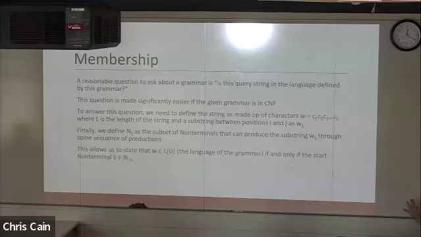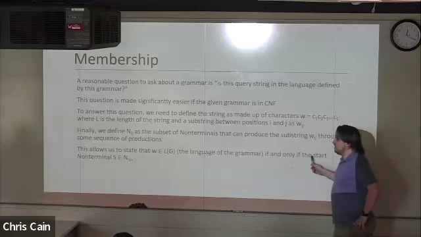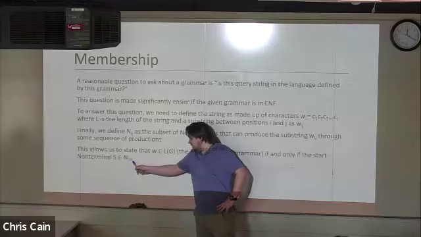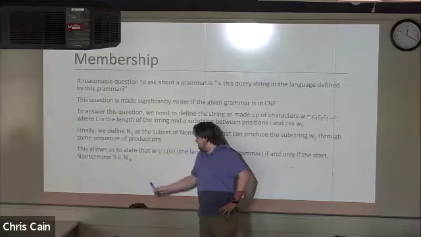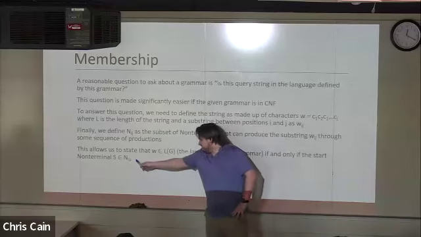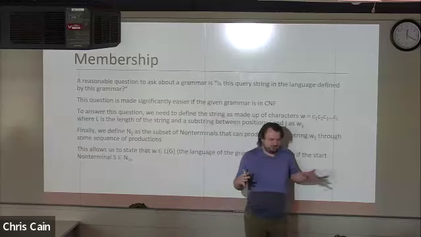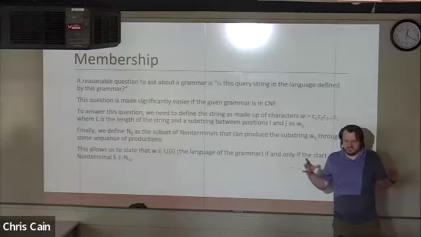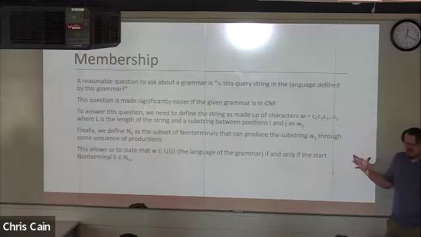The final answer is going to be if we can determine that the start non-terminal is in N sub 1n, where lowercase n is the length of the string. It's capital L up here, but this is just the length of the string. So if the start non-terminal can produce the entire string, then we're good.